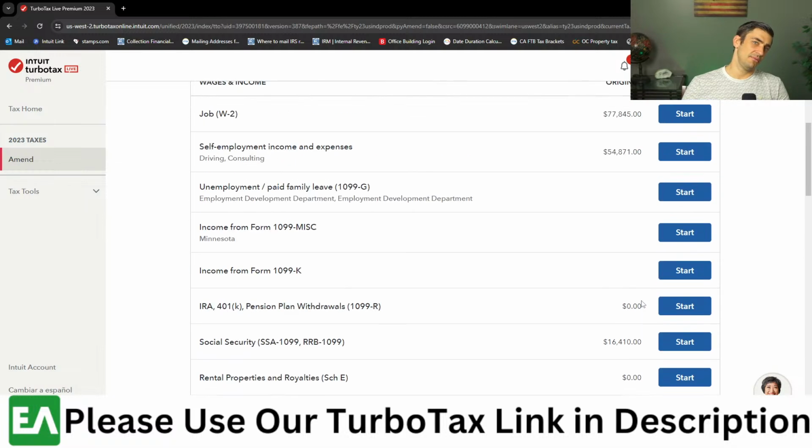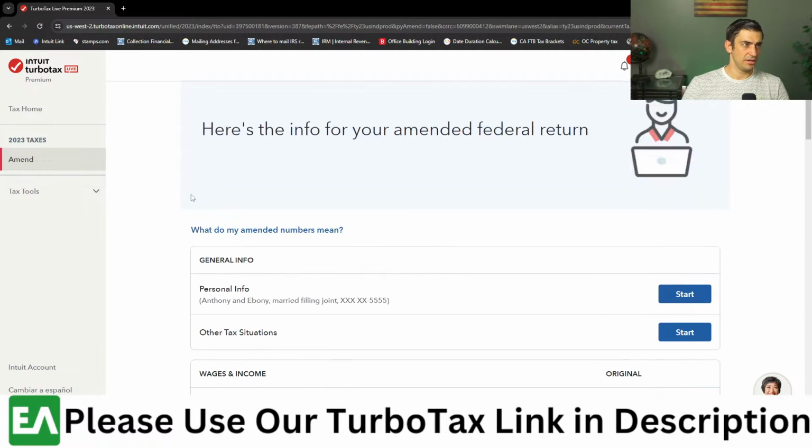Yeah, see, it's already taking my current return and it's amending the current return. I gotta look into this. I'm not quite sure, Sam, on how to do this through TurboTax when you haven't actually filed with them.